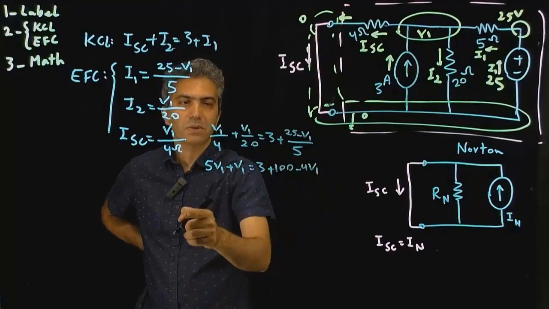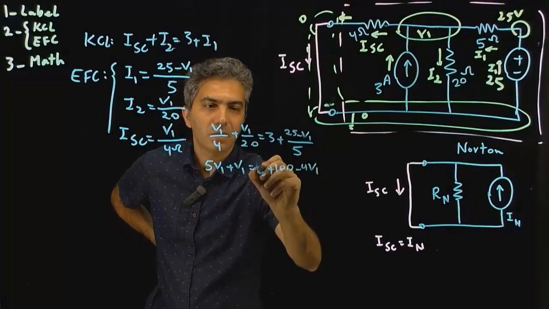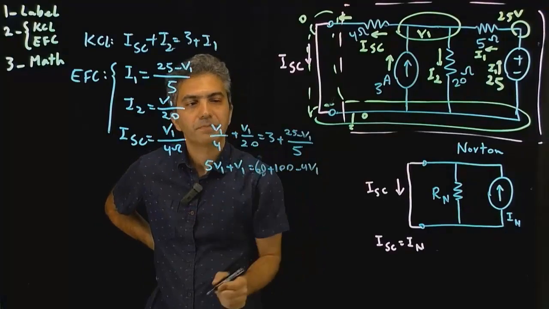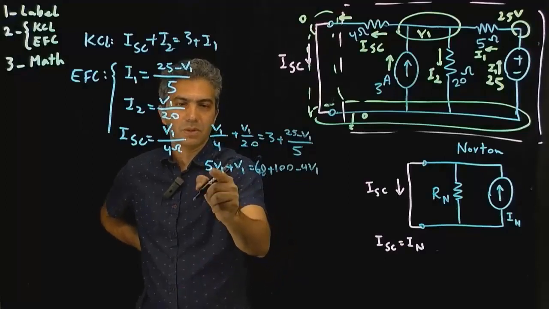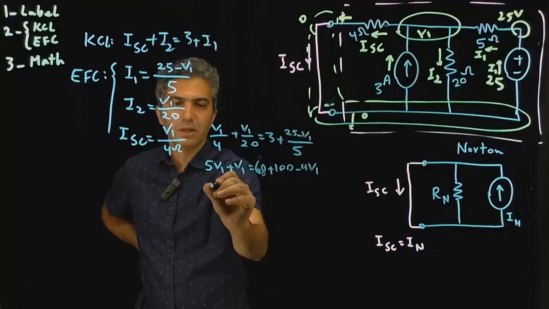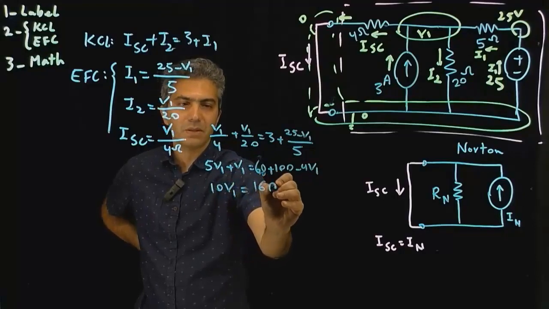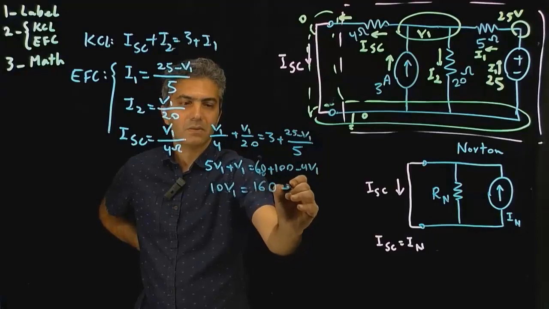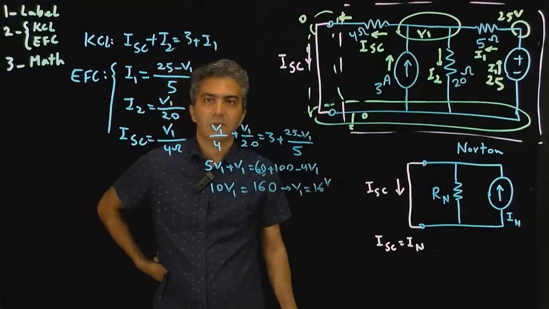Sorry, this is not 3. That's 3 times 20. That's 60. So moving all the V1s to one side, that's 6 plus 4. That's 10V1 is equal to 160. So V1 is 16 volts this time.